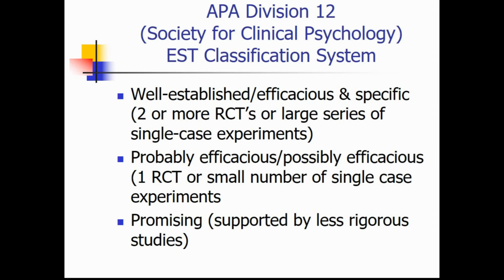We say it's probably efficacious or possibly efficacious if there's 1 RCT or a small number of single case experiments, and we say it's promising if it's supported by less rigorous studies. So obviously promising is worse than well established.